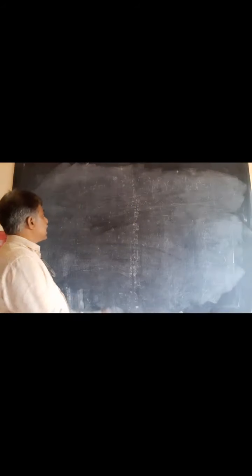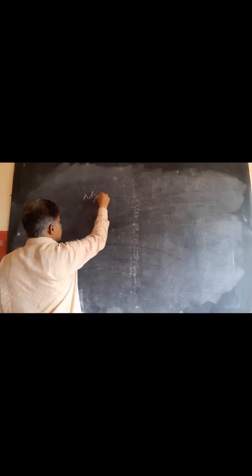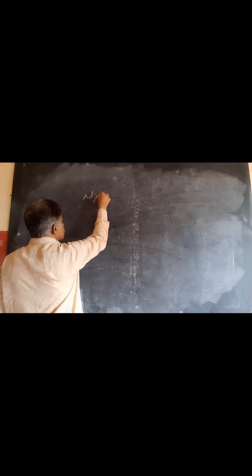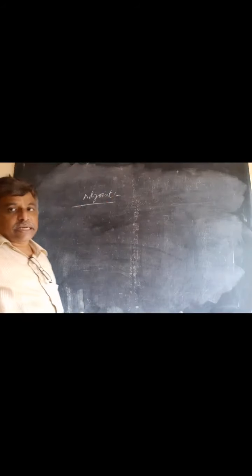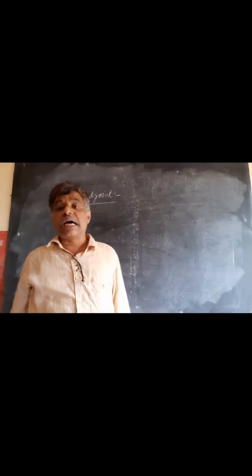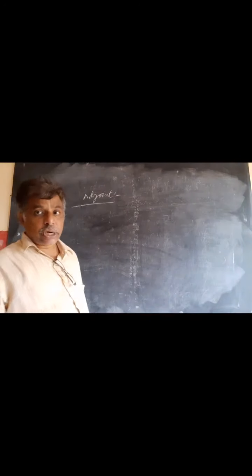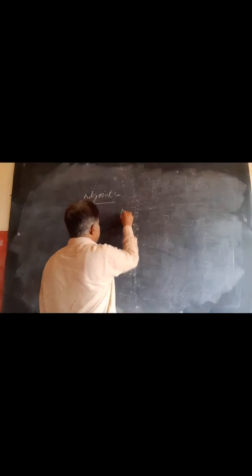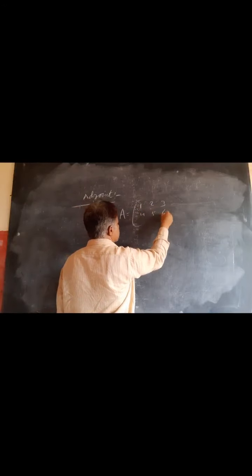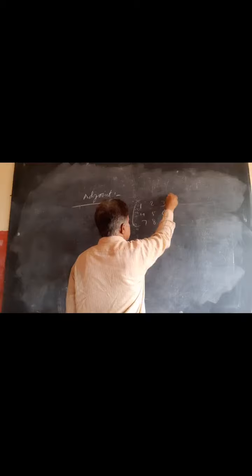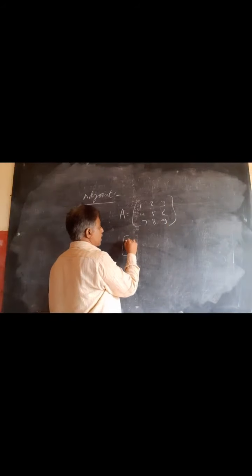Next concept is adjoint. We already know what is adjoint of a matrix. Adjoint of a square matrix is nothing but transpose of cofactor matrix. Means A equal to 1, 2, 3, 4, 5, 6, 7, 8, 9. We will find cofactors of all, and we will find the transpose of those cofactor matrix.